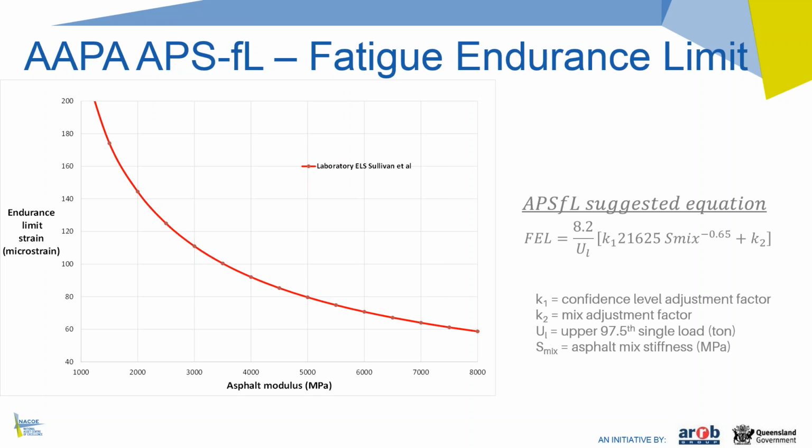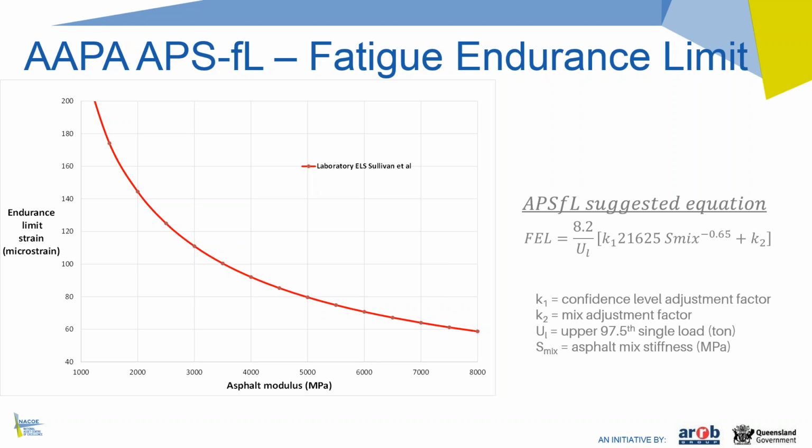Since we are considering how to implement this in Australia, I'll give a very quick overview of the two recent studies done in Australia. The first one is the APA method, and this graph shows one of the fatigue endurance limits proposed by the APA method. In simple terms, the fatigue endurance limit is a function of the asphalt modulus.